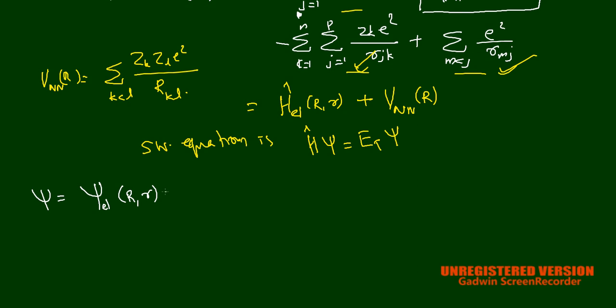But the wave function part for the nucleus, psi n, depends upon the position coordinates of the nucleus alone. You can define the entire system of the nucleus with the nuclear coordinates itself. You don't need to depend upon the coordinates of the electrons around it. So we can express psi as psi electronic r, R into psi n R.